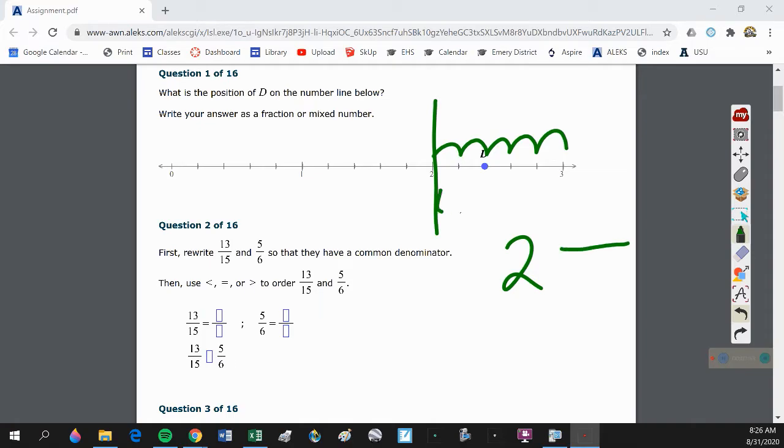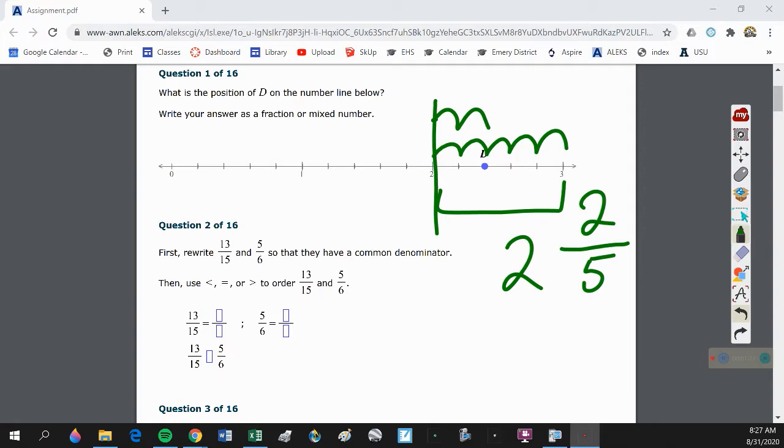And this 1 here is divided into 5 pieces. So that 5 is the denominator of the fraction. And then how many of those fifths am I actually using? 1, 2. 2 and 2 fifths. Okay?